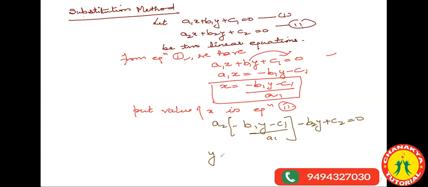So here you will find the value of y. Then put that value of y in this equation. Have you understood this thing? That from equation first, you are calculating the value of x or y. You can find any one of the values, whether x or y, then put it in the other equation. Have you got my point, children?